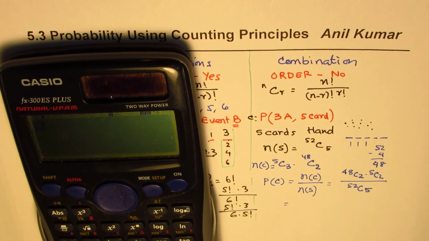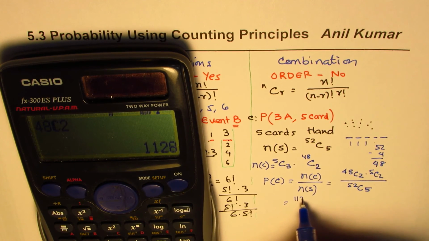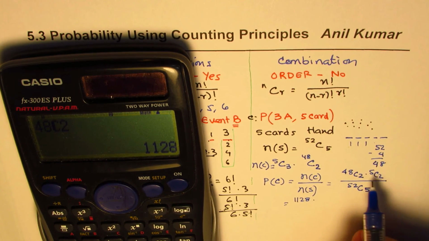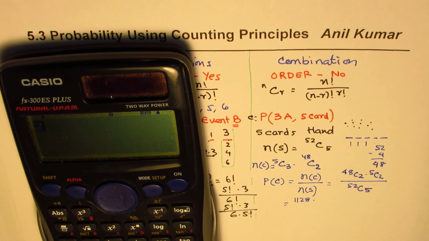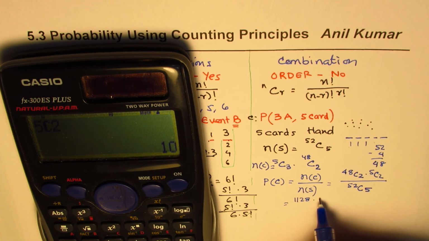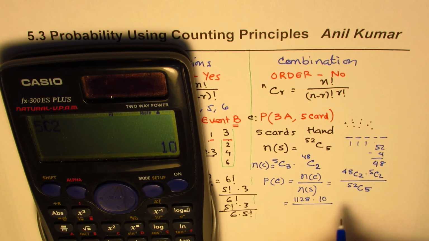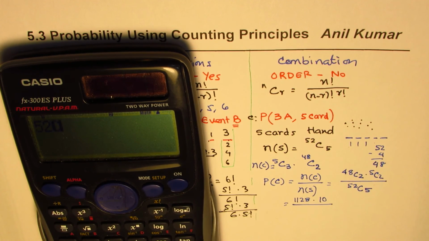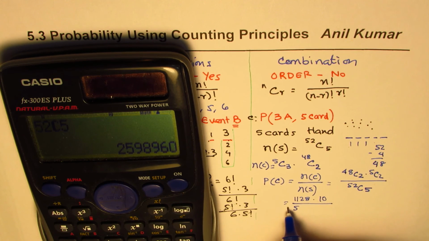So 48C2 is equal to 1128. So 1128 times 5C3, which is 10, divided by 52C5, which is a big number, 2598960.